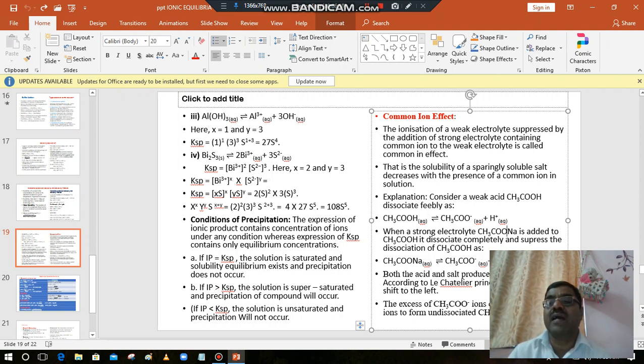Here the common ion is CH3COO^-. The definition of common ion effect: the ionization of a weak electrolyte, for example acetic acid, suppressed by the addition of a strong electrolyte like CH3COONa containing a common ion, for example acetate ion, to the weak electrolyte is called common ion effect.